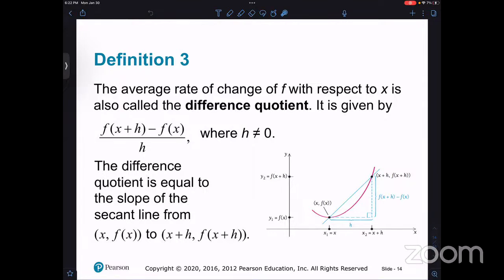So now let's look at this definition 3, okay? The average rate of change of f with respect to x is also called the difference quotient. So the slope, remember, I said that in my video response to the homework. The whole point is the difference quotient is just another way of saying the slope.